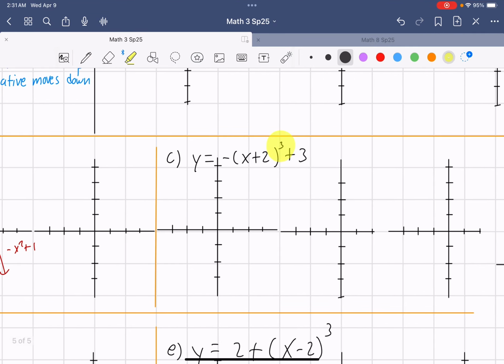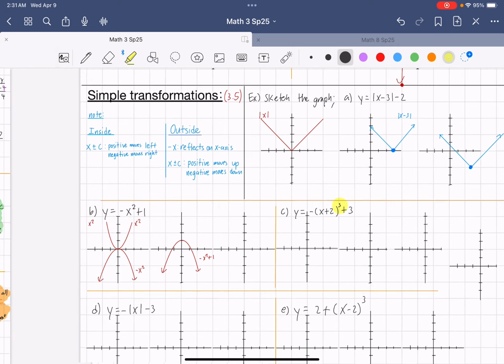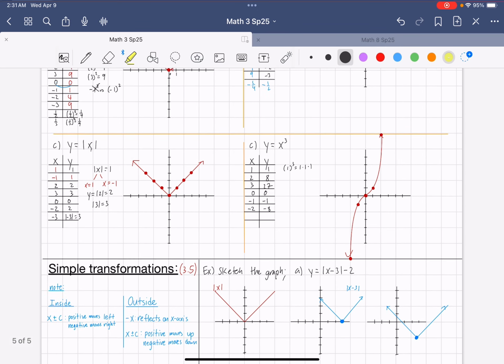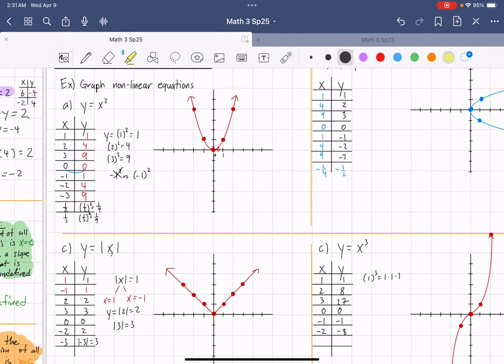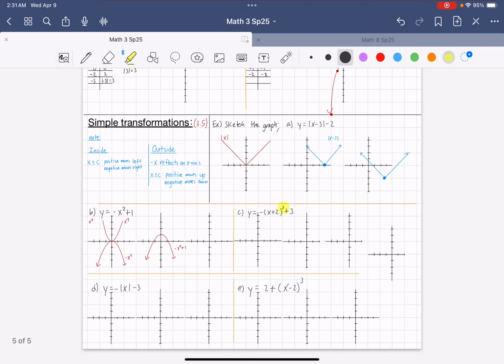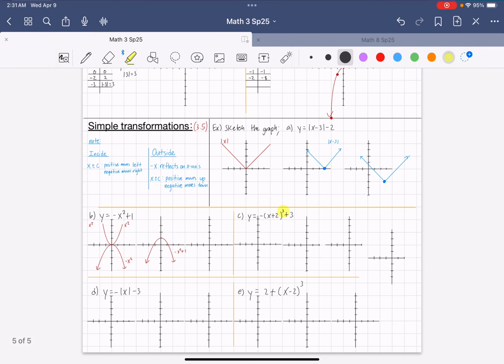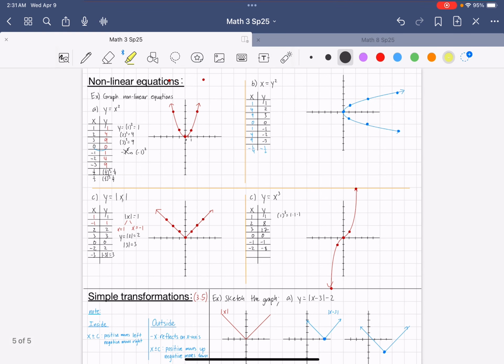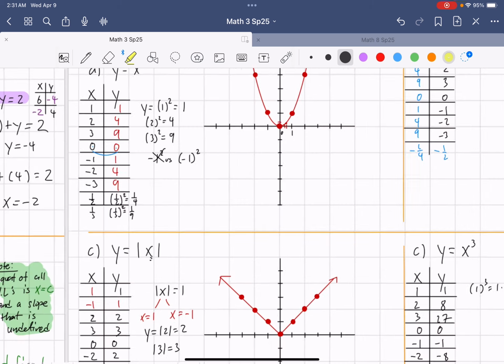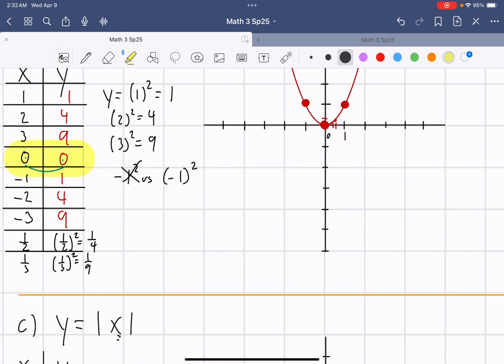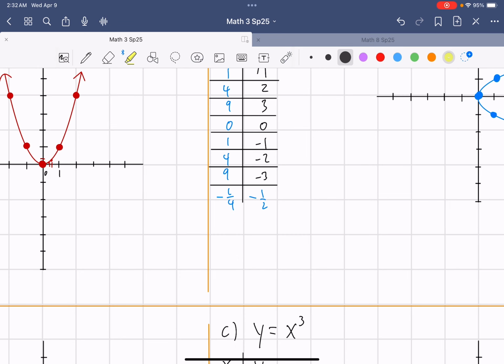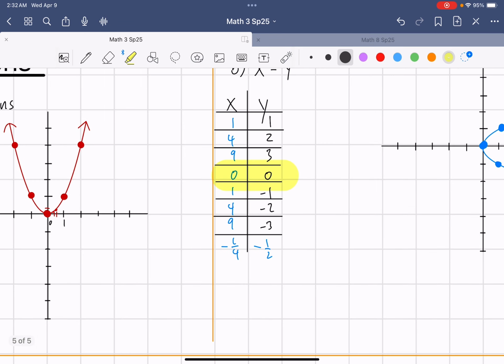Here's a cube. The cube means it's going to have that squiggly S. Now, how am I going to remember all these graphs? Well, the idea is we're just trying to get a rough sketch. We're not after a perfect graph. You can get some points that, if you notice, some of these graphs all share. And those points are 0, 0, and 1, 1.